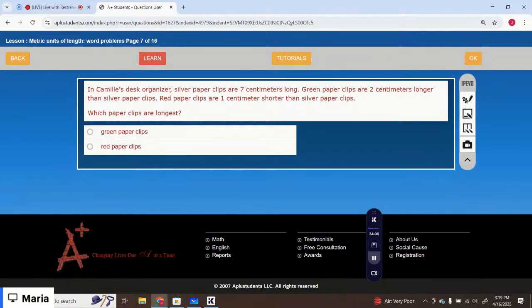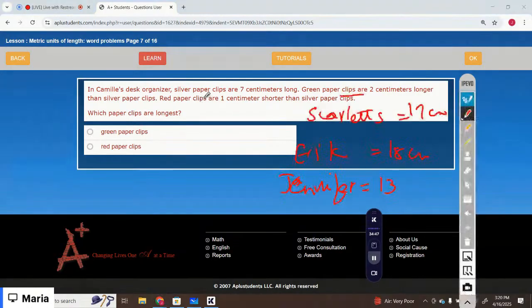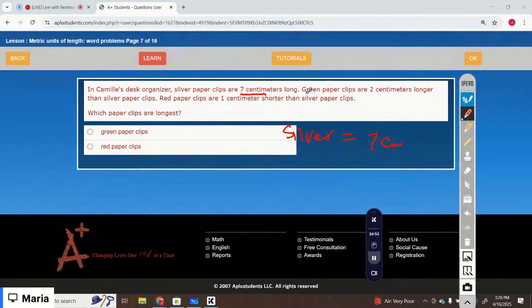In Camel's desk organizer, silver paper clips are 7 centimeters long, green paper clips are 2 centimeters longer than silver, and red paper clips are 1 centimeter shorter than silver's paper clips. Which paper clips are longest? Okay, so the silver ones are 7 centimeters, right? Green ones are 2 centimeters longer, so 7 plus 2 is 9.